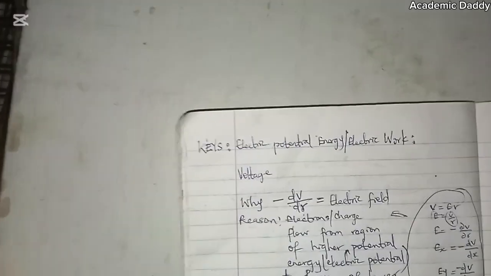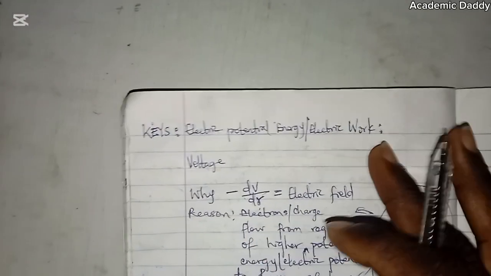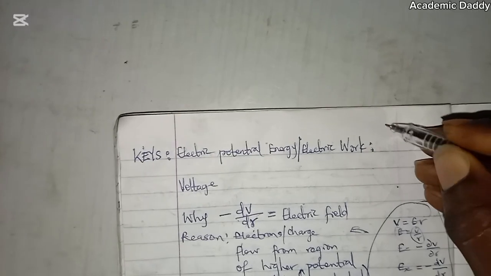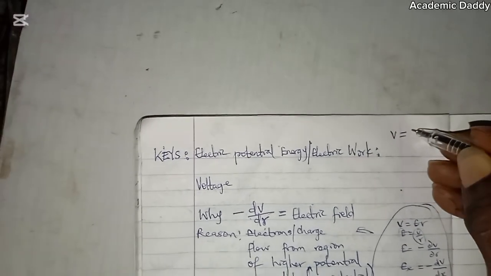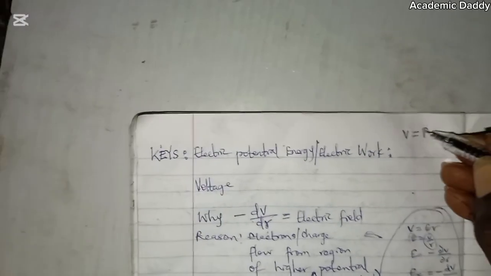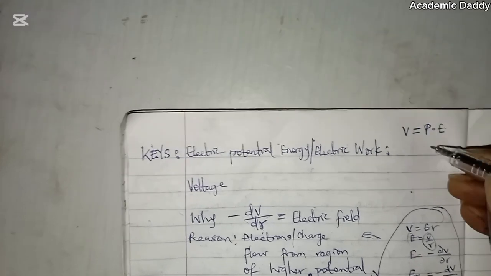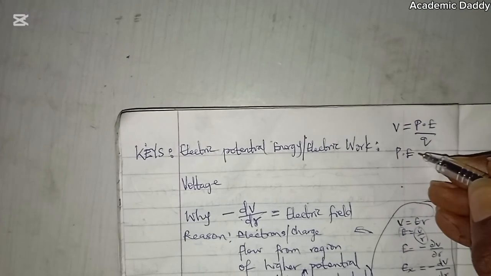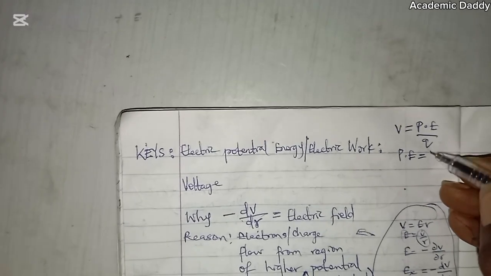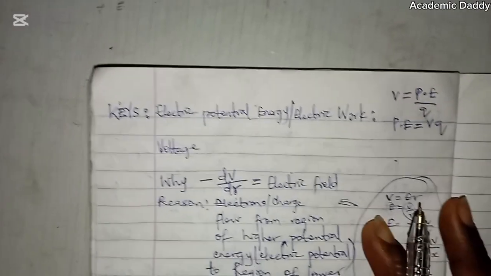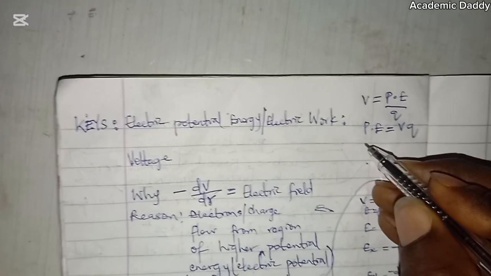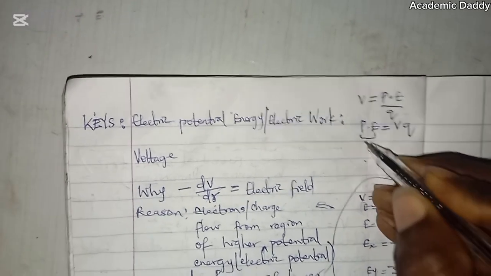So if I know this, let's move to this one. Then I said electric potential energy or electric work. If you remember, we said that electric potential is equal to work done, and this work done can be kinetic energy or potential energy, all over charge. So potential energy or work done is always equal to VQ. But in space, everything here is work.